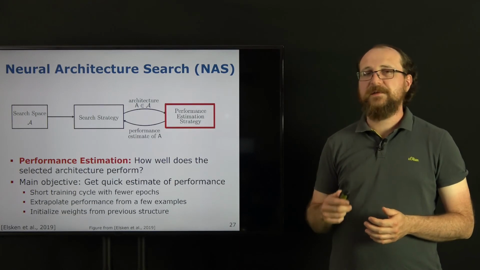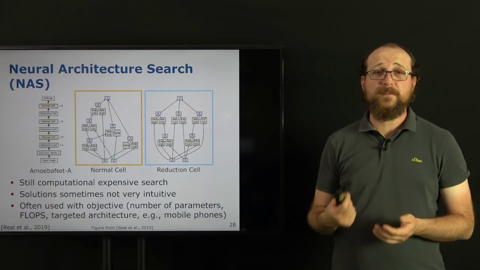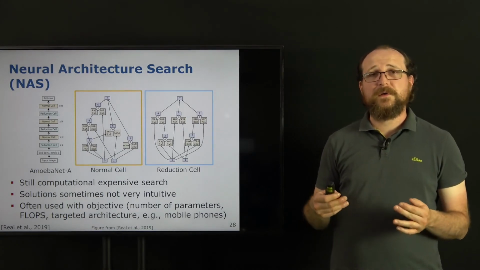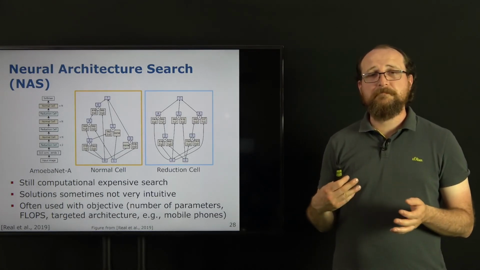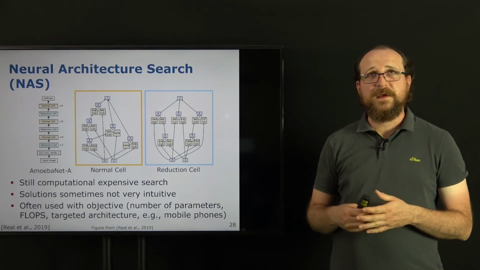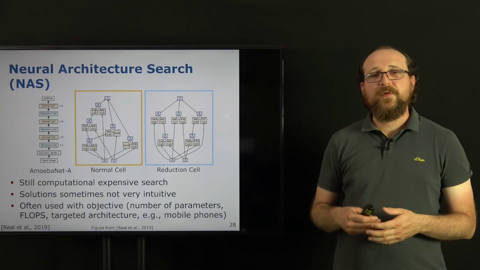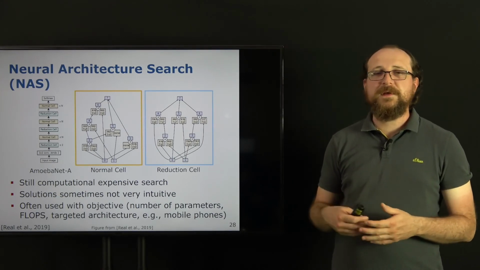When we apply this, it is still very computationally expensive because we have to explore a lot of structures, but we can get structures that we maybe cannot get from handcrafted design, which are maybe also a little bit difficult to interpret.